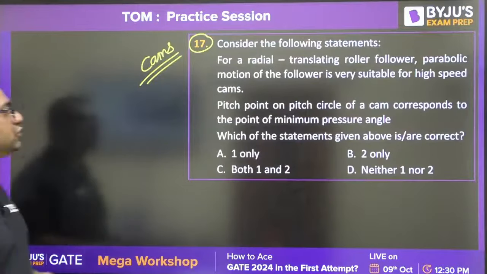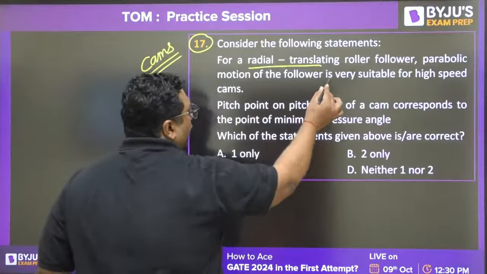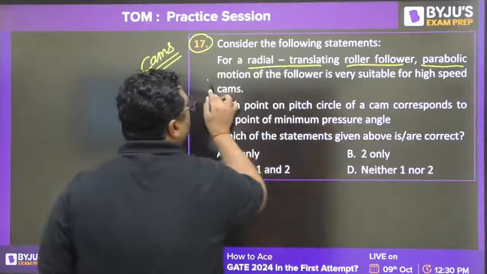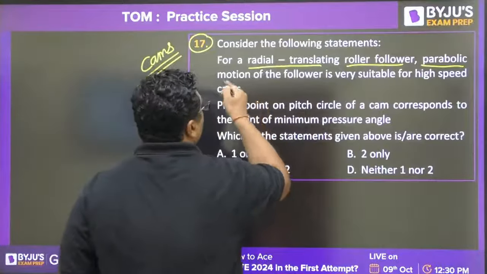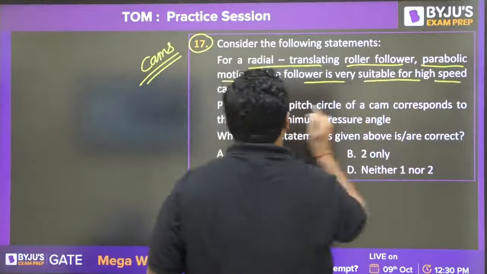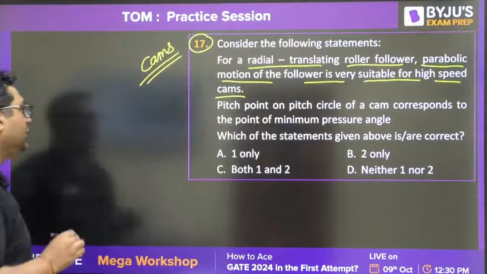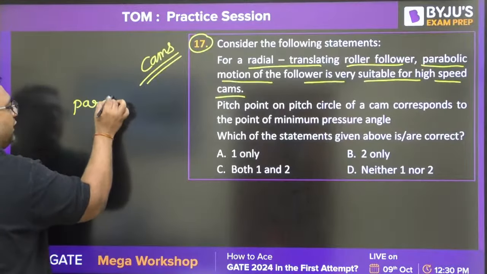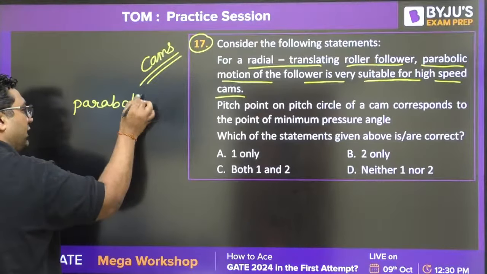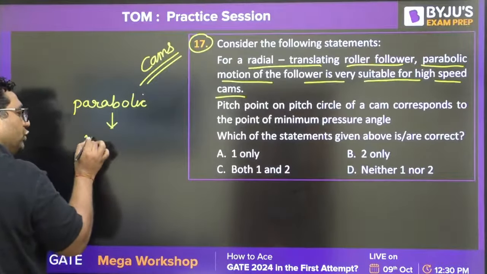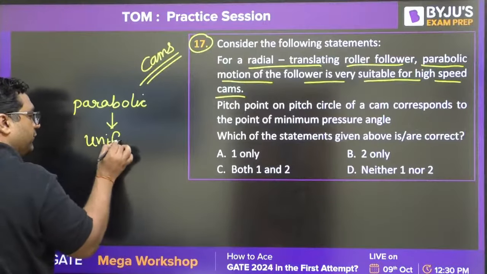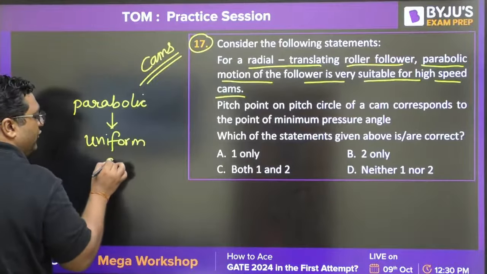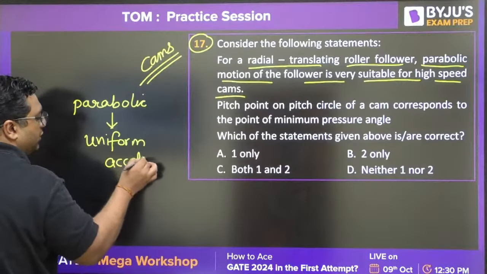Yes, Warrior. So for a radial translating roller follower, parabolic motion of the follower is suitable for high speed cams. So I would like to say that parabolic motion is uniform accelerated motion.